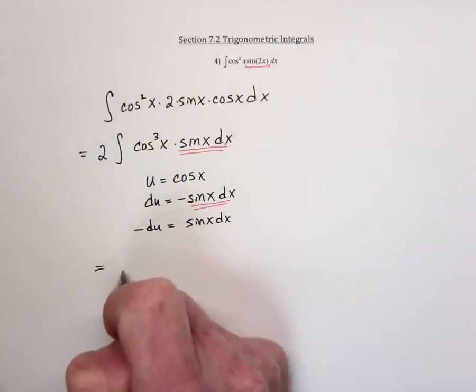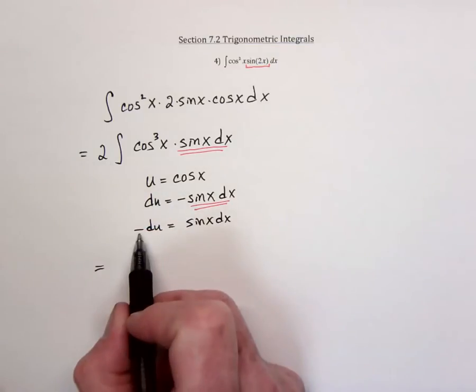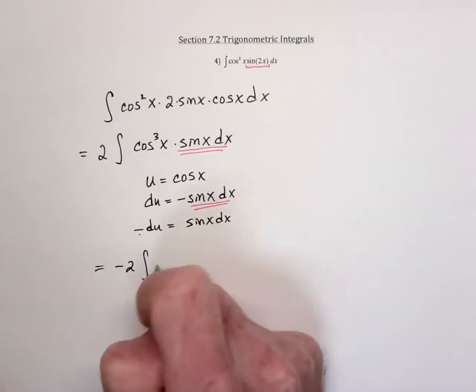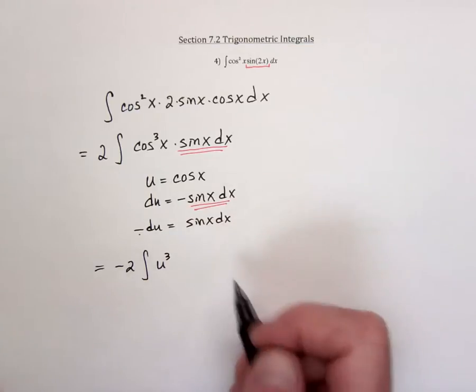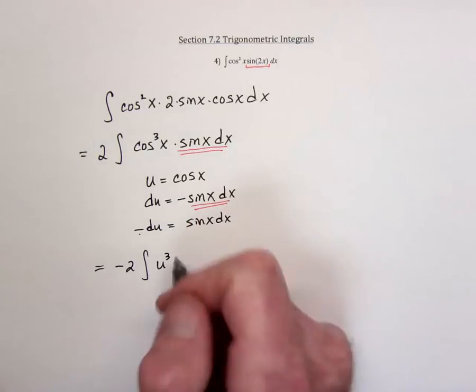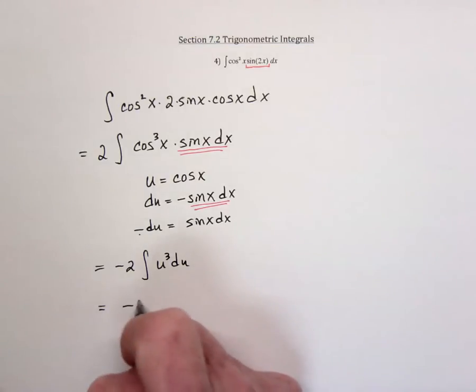So then if I continue with the integral, I've got the 2 factored out already. This negative I could also factor out. We would then have u cubed for the cosine cubed, and then this part becomes the du, and there's a pretty straightforward integral.